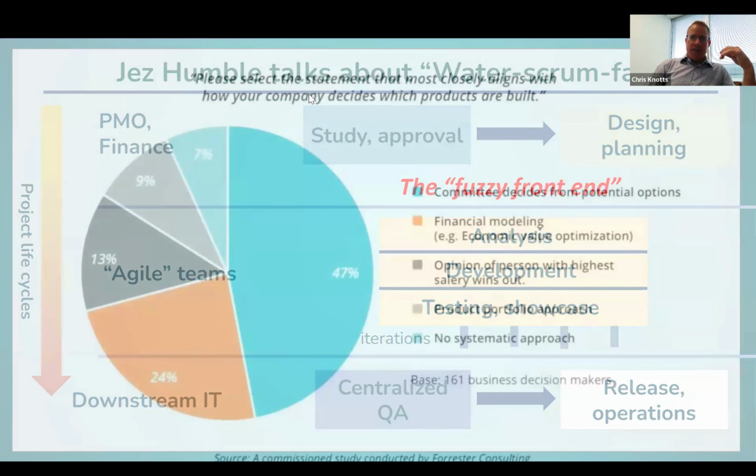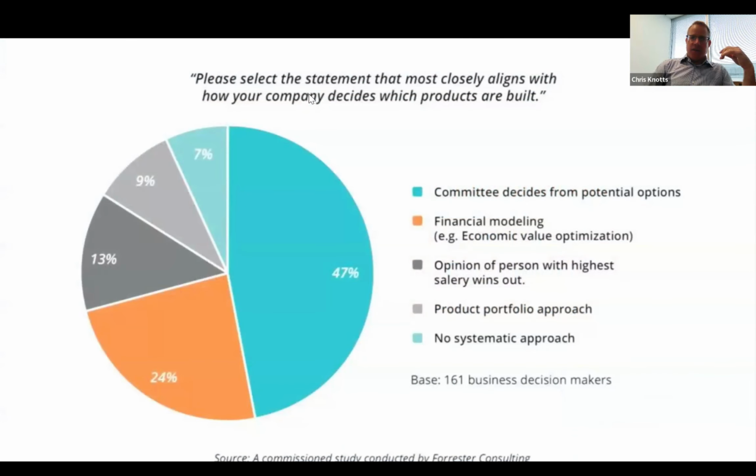All right. So now this is another graphic I borrowed from a Jez presentation. This was conducted by Forrester. It's quite an older study at this point, but it was commissioned by ThoughtWorks, a very innovative organization, and Jez at one point worked for ThoughtWorks, so he had insight into this.